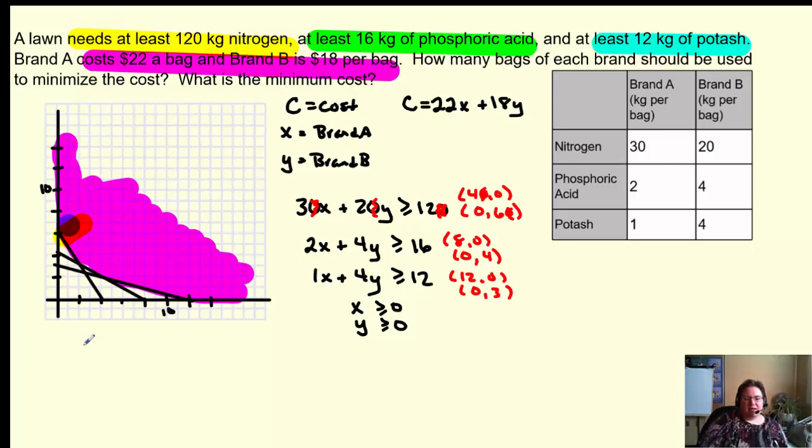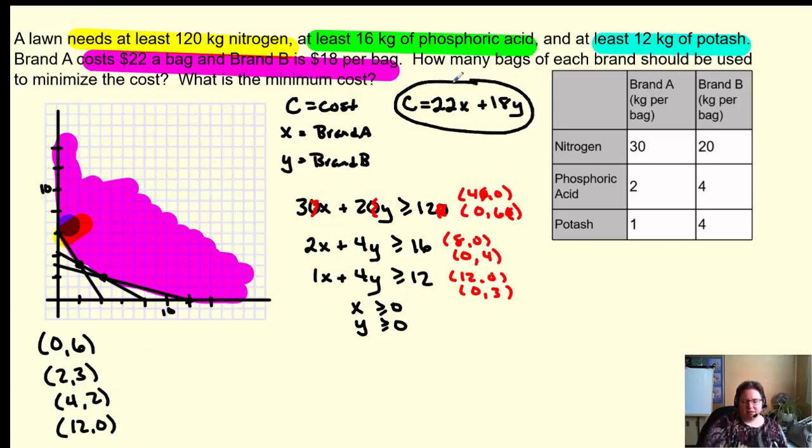Okay, now we need to get our corners. There's one here at 2, 4, 6. There's one here at 2 and 3. There's one here at 4 and 2. And there's one over here at 12, 0. So I have to test each of these in that equation that I had put up at the beginning, because I'm trying to find out the cost.